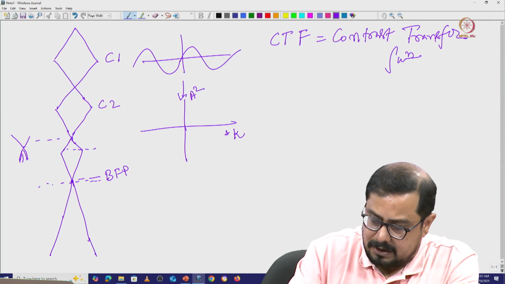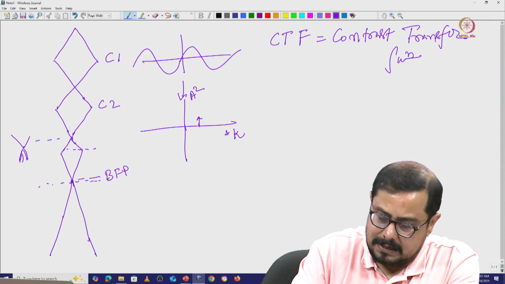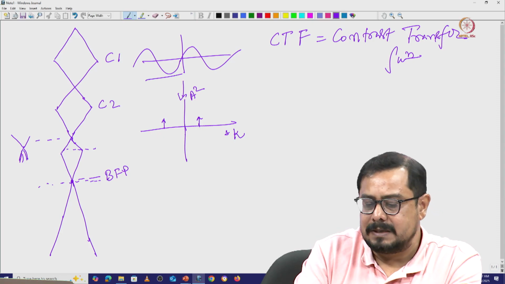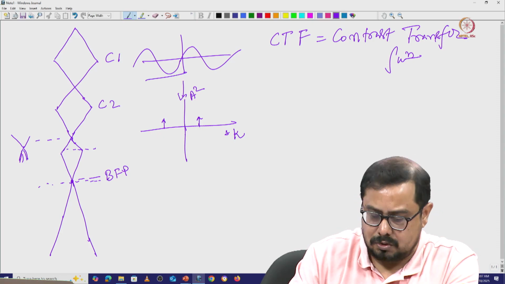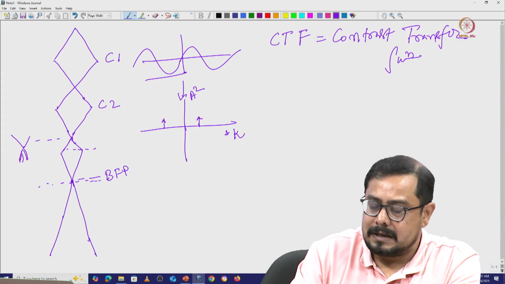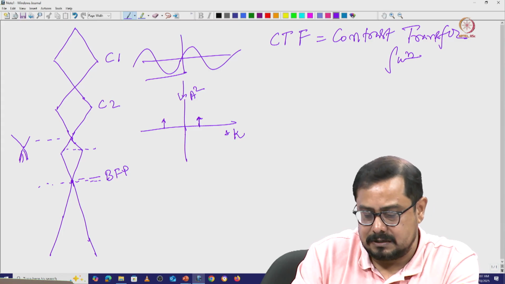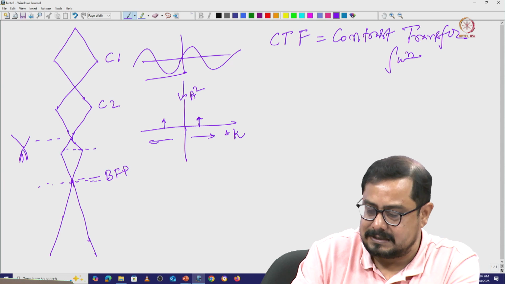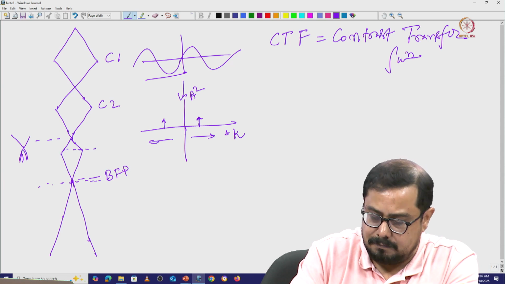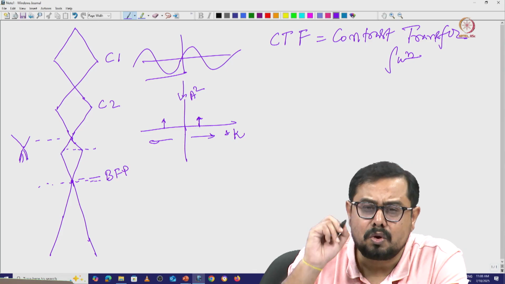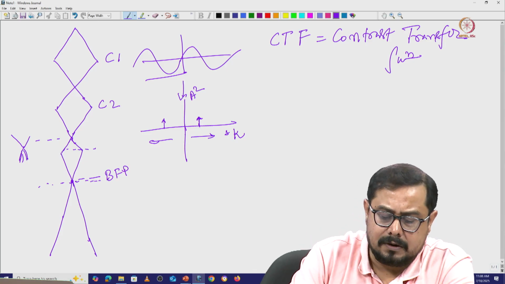So based on the frequency you can get one here and you can get one here. Now as this sine wave, or cosine, changes its path, this vector position will change. The vector can go in this direction, and the intensity, meaning amplitude square, the height will change based on that. So what basically are we reading here?